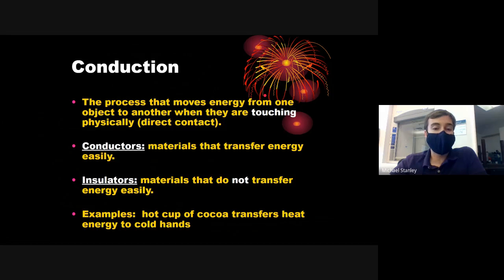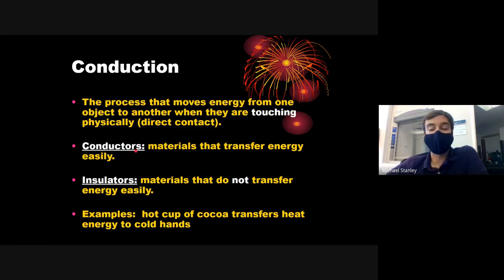When one object passes heat to another because they are physically touching each other, that is called conduction. Just like in electricity, where we had conductors like metal that move things very easily, and insulators like rubber or plastic, which did not, the same exact ideas apply to heat as well.